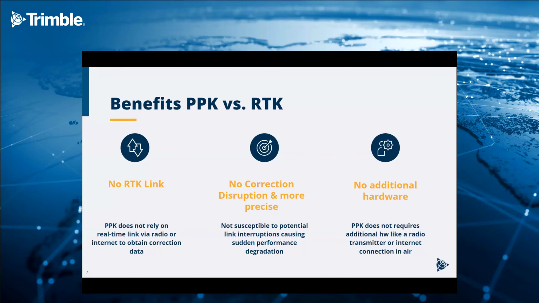That also means when you operate in RTK, you may have correction disruptions, and hence the whole thing is susceptible to potential link interruptions causing sudden performance degradations. That will obviously never happen if you post-process your data in PPK mode. And of course, when you run things in PPK, you don't need any additional hardware in the air, such as a radio transmitter or internet connection.